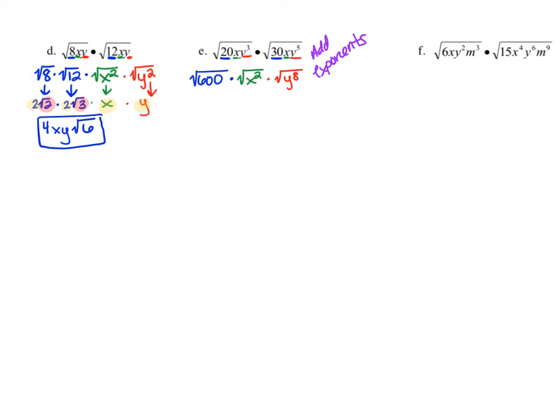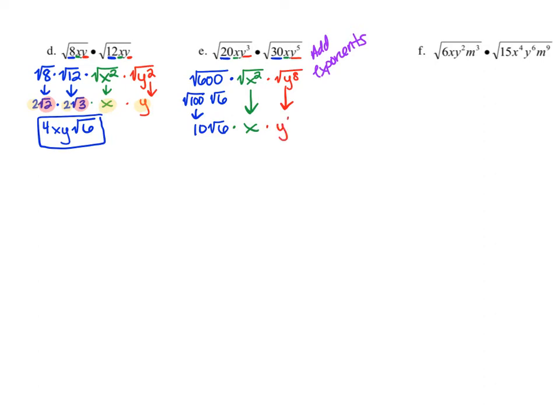So one way to do that is to do the square root of 100 times the square root of 6. The square root of 100 is 10. So you have 10 root 6. And then the square root of x squared is just x. And then the square root of y to the 8th. So remember, when you have an even number, you can divide by 2.